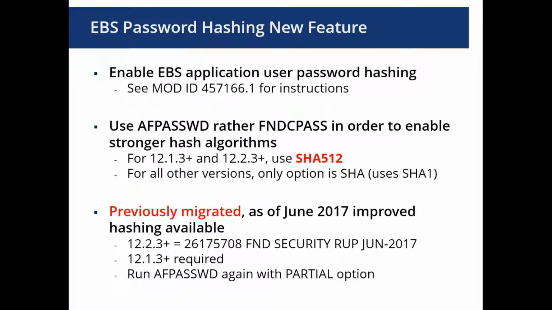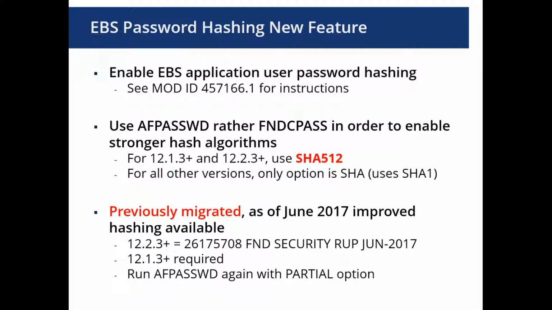So if you're running 12.1.3 or 12.2.3, you should be implementing the SHA-512 algorithm. What you do is follow the MetaLink instructions and use AFPASSWD, which then allows you to choose the algorithm, and you should be using SHA-512. If you've already implemented hashing, you need to run AFPASSWD again and use the partial option.